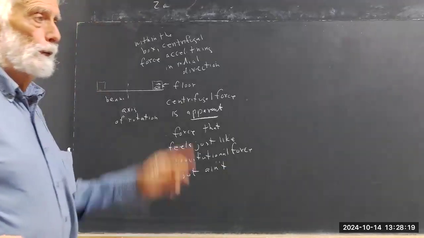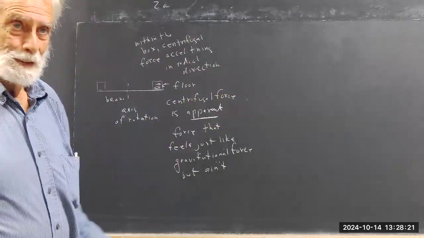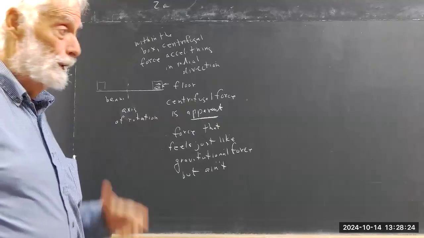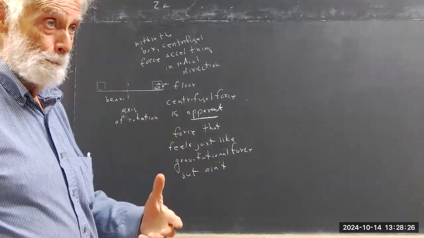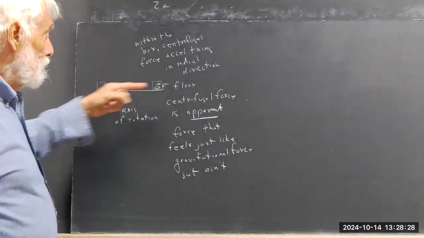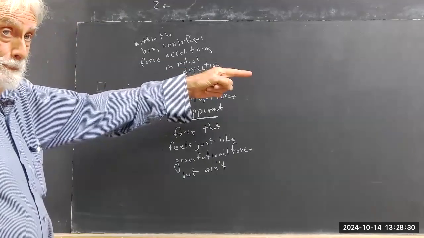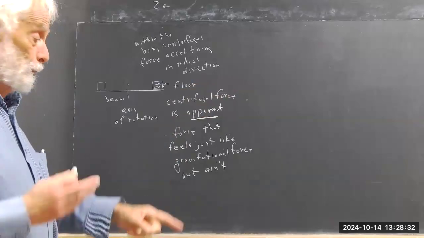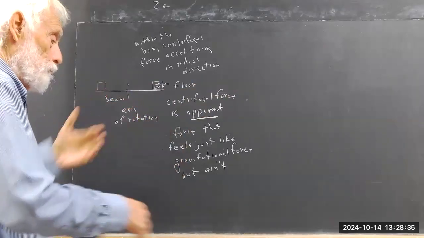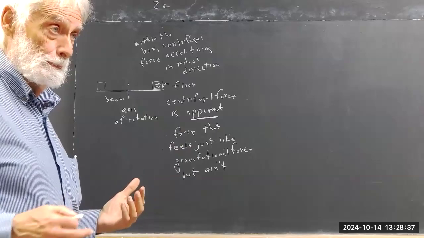That's going to be important for analyzing our penny situation and so forth, because what happens to that penny now is that it's accelerated in this direction, as well as moving in the direction tangent to the rotation.